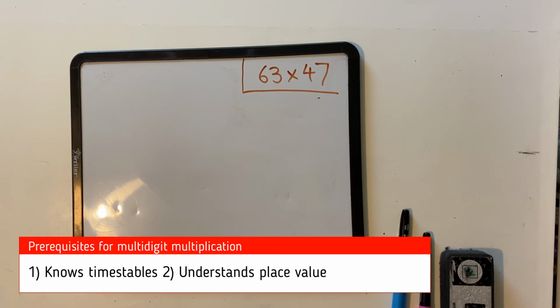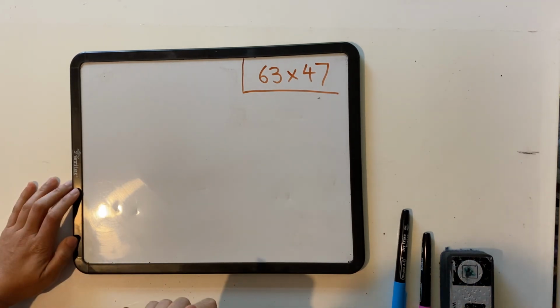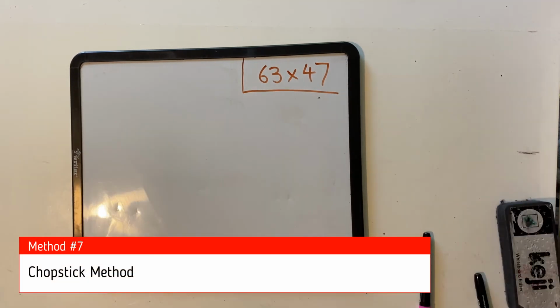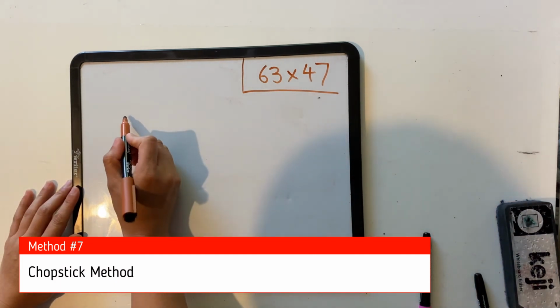But there is one way, if your child is not completely comfortable with their times tables, that you can teach them long multiplication. And that is the chopstick method. So for the chopstick method, you're going to break up the tens and the ones into lines.